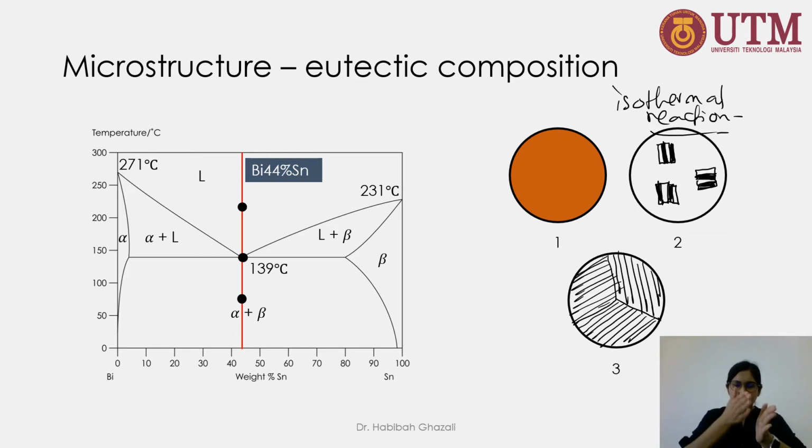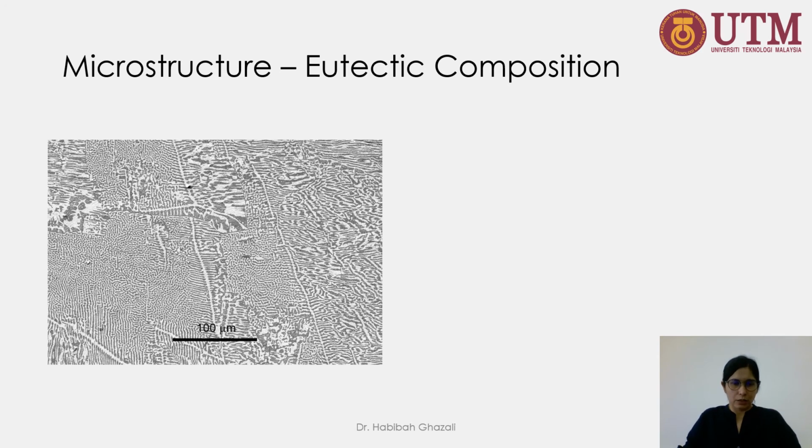So in each of the grain, it consists of alpha and beta right next to each other. So that is how the eutectic composition microstructure will be formed. So this is the microstructure of an alloy of bismuth and tin with eutectic composition. So this alloy consists of 56% of bismuth and 44% of tin.